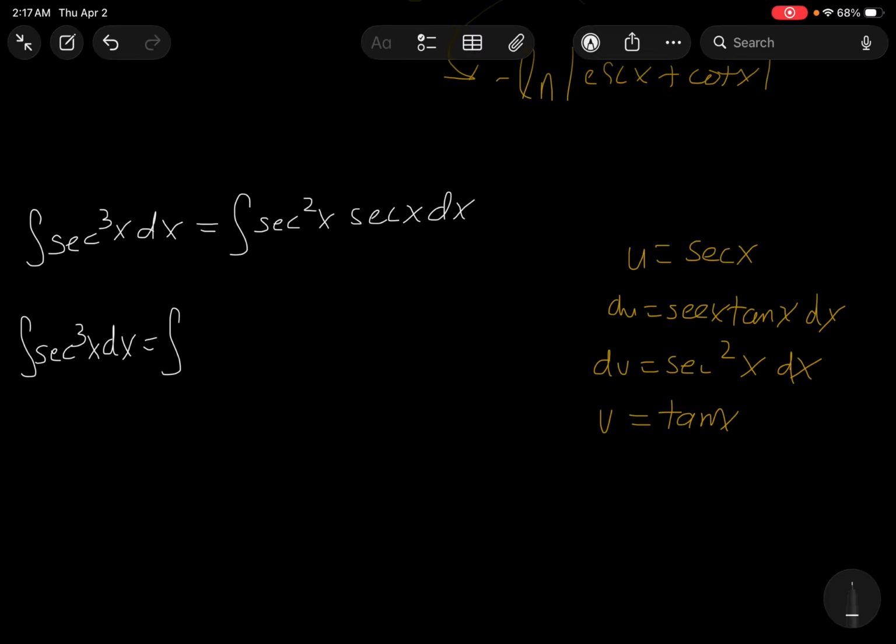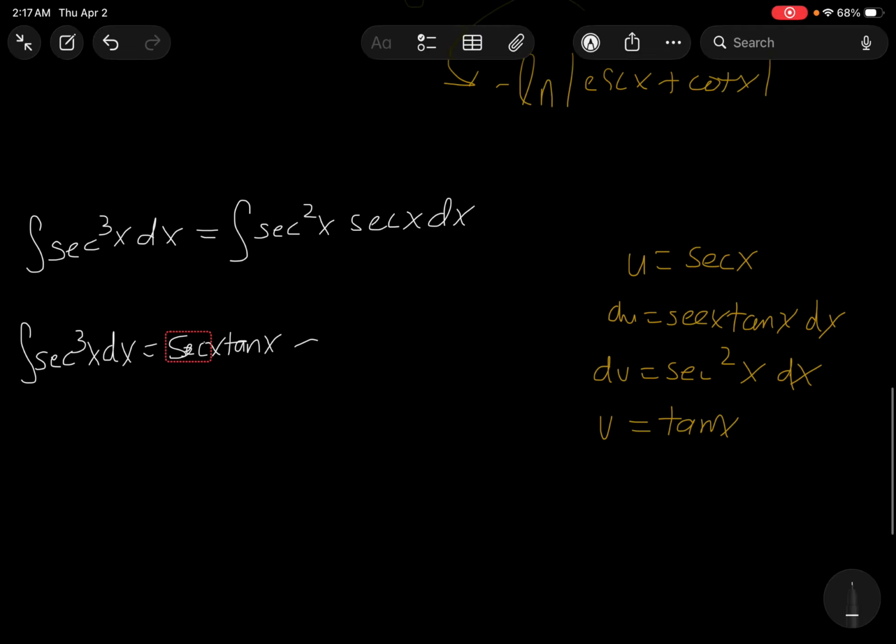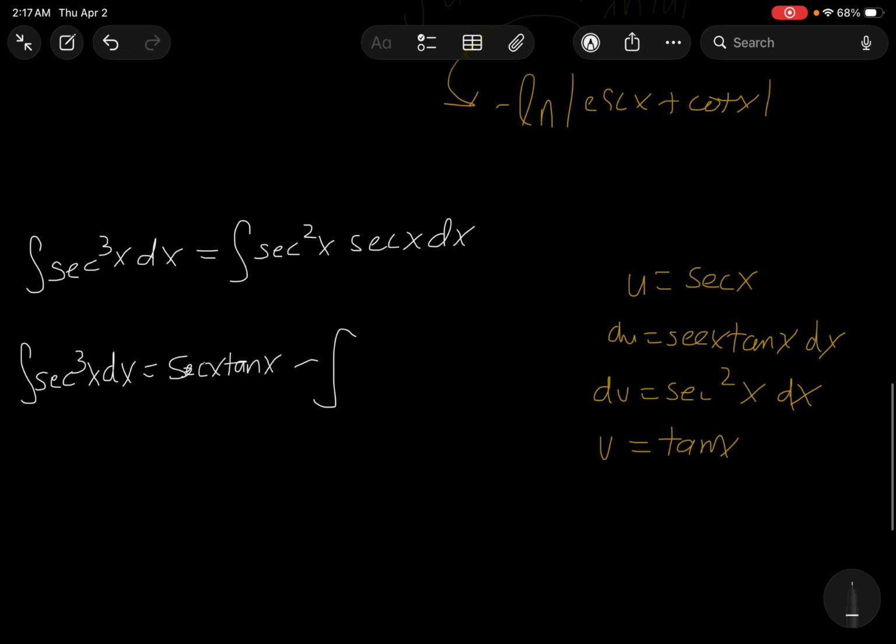So now it's going to be the integral of uv minus the integral of v du.